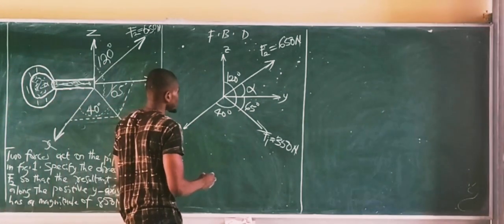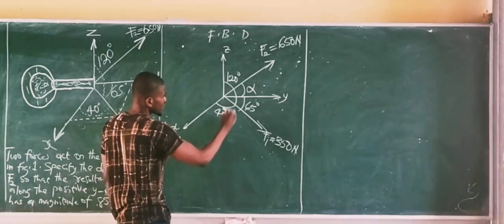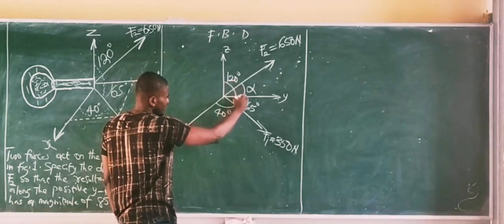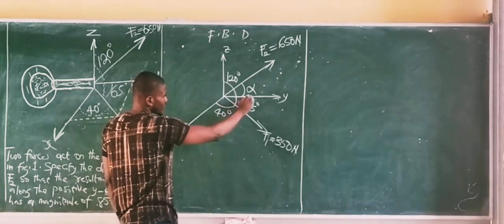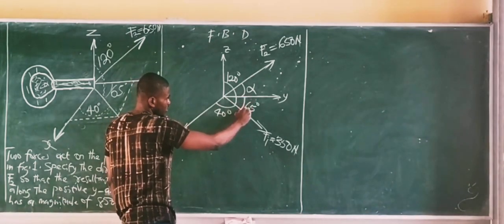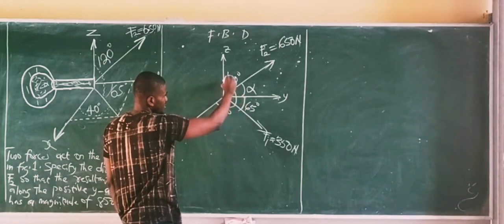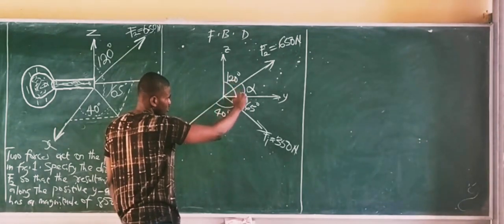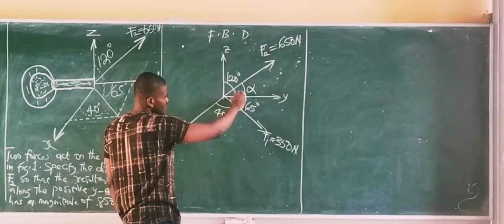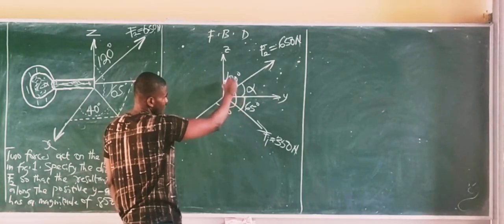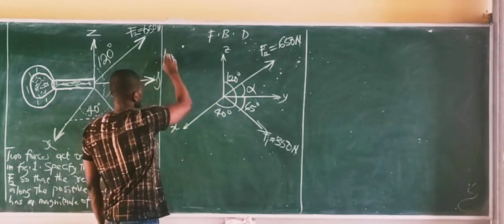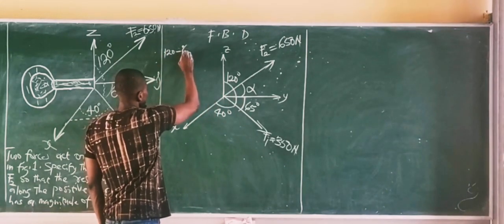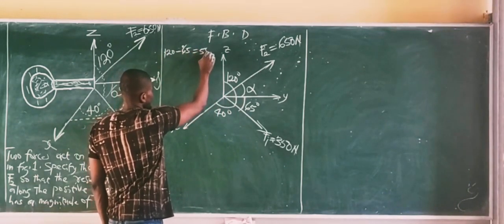Okay. Please watch, if from this point to here is 120 degrees and from this point to this point is 65 degrees, it actually means from here to this point alone is 120 minus 65. That will be the angle from here to this point. So 120 minus 65 is actually 55 degrees.